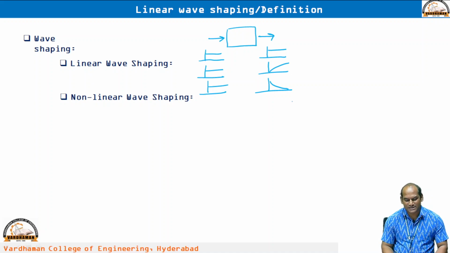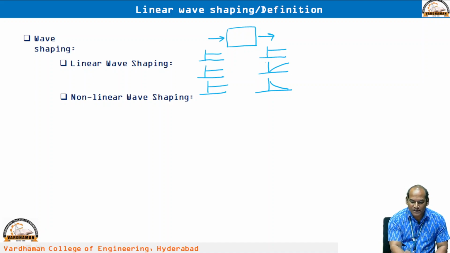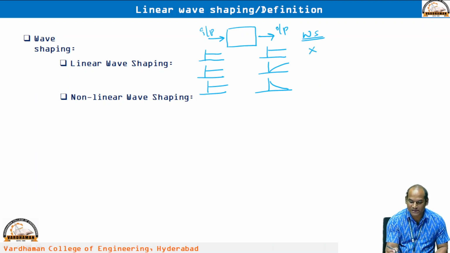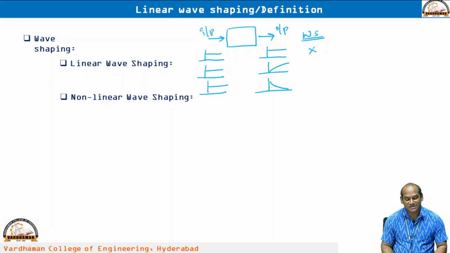In the first case, the shape of the input and output are both the same. Generally, this is input, this is output. When the shape is the same, we can say wave shaping has not occurred. So, wave shaping is not done here. But in the second case, the input is a step change, but the shape of the output signal is an exponentially increasing signal.